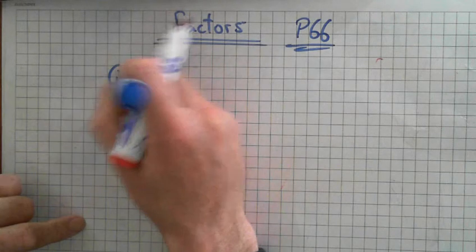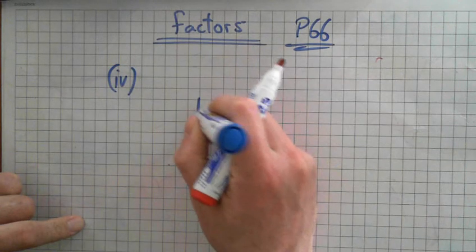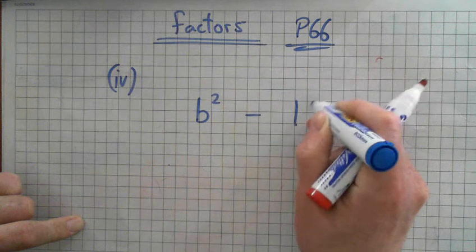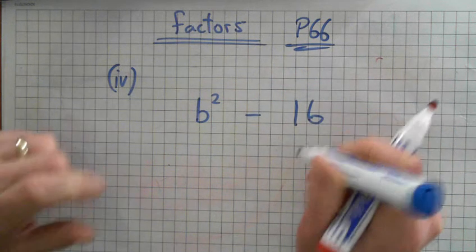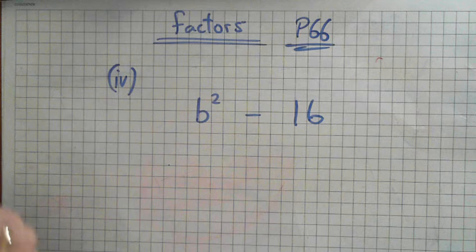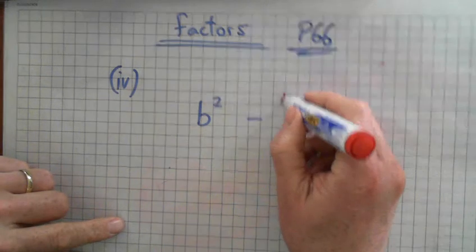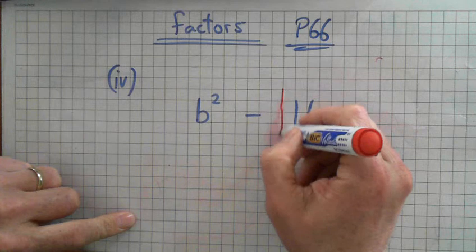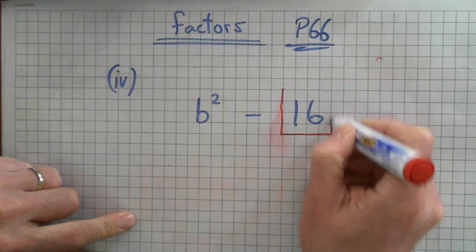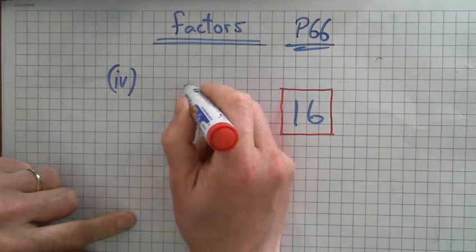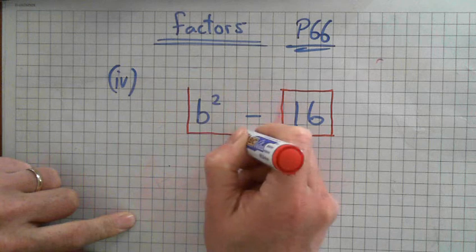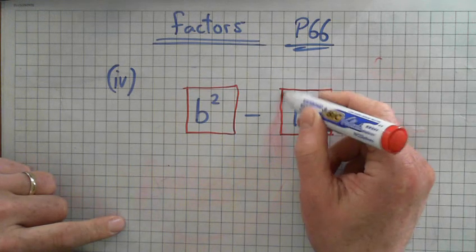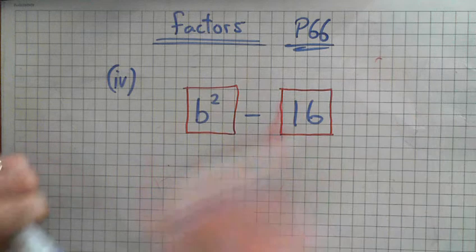Part IV. Right, this is called the difference of two squares. b squared minus 16. What type of number is 16? It is an even number. It's also a square number. 4 times 4.